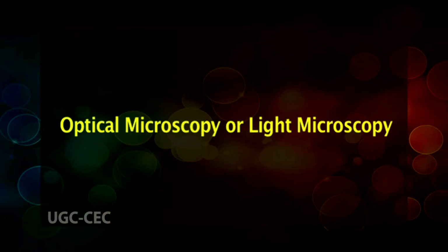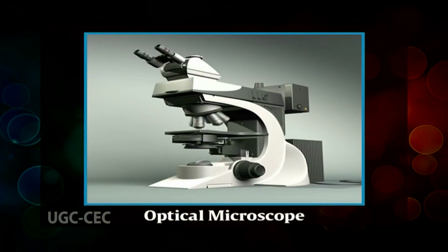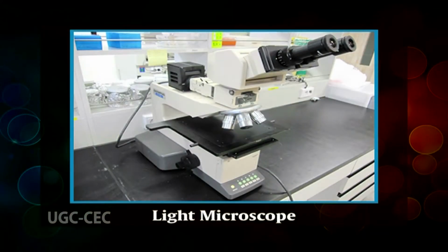First is optical microscopy or light microscopy. It involves the use of visible light and one or more lenses to produce an enlarged image of an object that is placed in the focal plane of the lens. This can either branch off into transmission, where the beam of light passes through the sample, or reflection, where the beam reflects off the sample surface, that is the reflected light microscope.